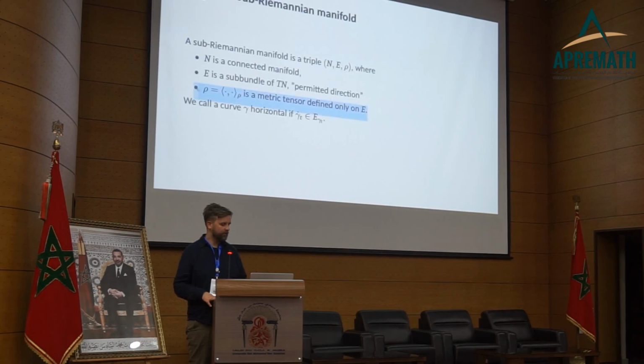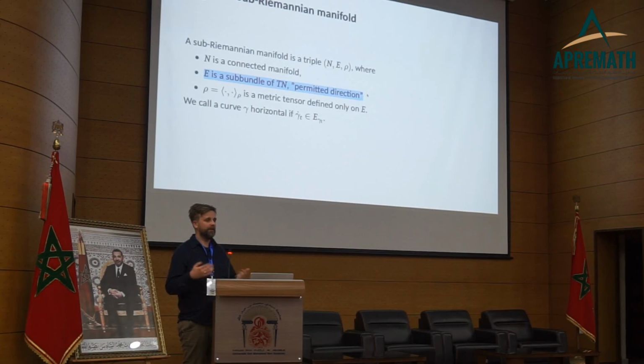and I have a sort of metric tensor, but it's not defined for all vectors. It's only defined on a sub-bundle of permitted directions. So I only have a given length for some of the vectors, not all of them.